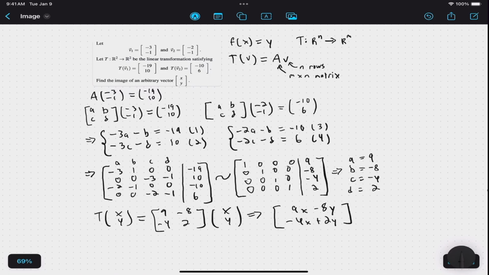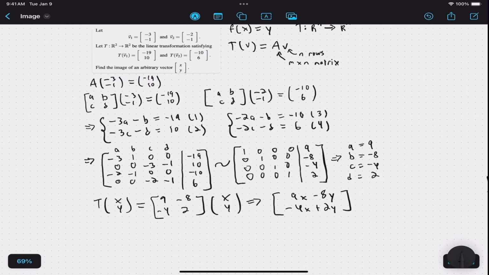So if we put in, let's say, v2, for example, x is -2 and y is -1, and we should get -10, 6. So let's see it. So we have 9 times -2 minus 8 times -1, and -4 times -2, plus 2 times negative 1.